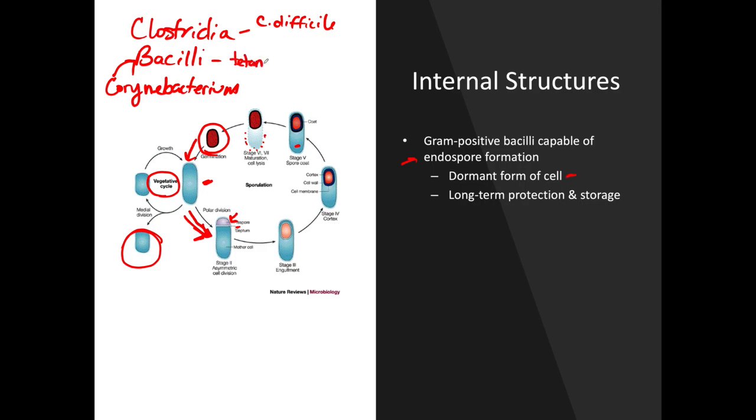Oh, goodness, long day. Corynebacterium can cause some GI infections, but it's not nearly as bad, and some skin. So C. difficile, botulism, tetanus, these are some. It's actually Clostridia that causes tetanus, excuse me, it's Clostridium tetani. So tetanus. Bacillus is anthrax.